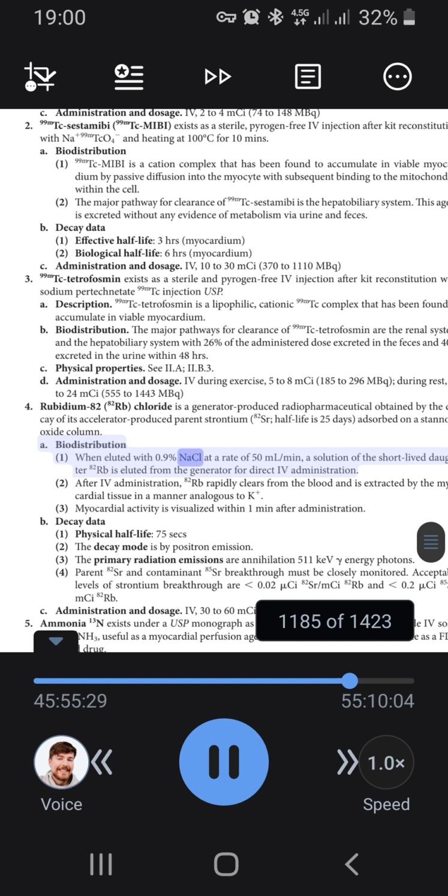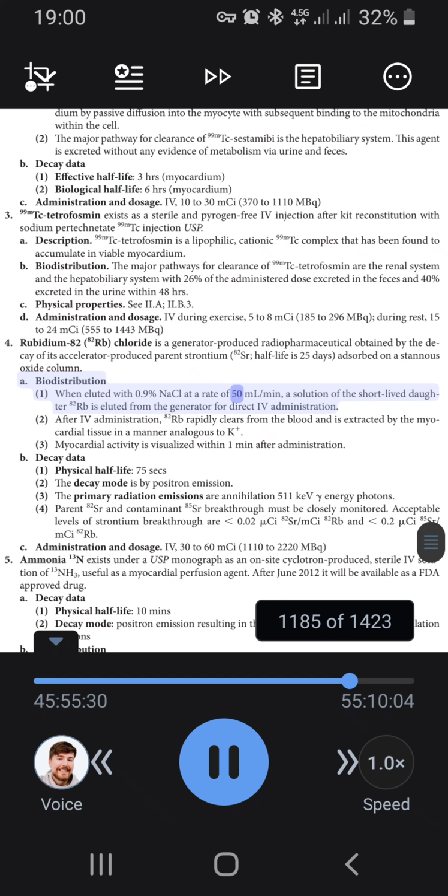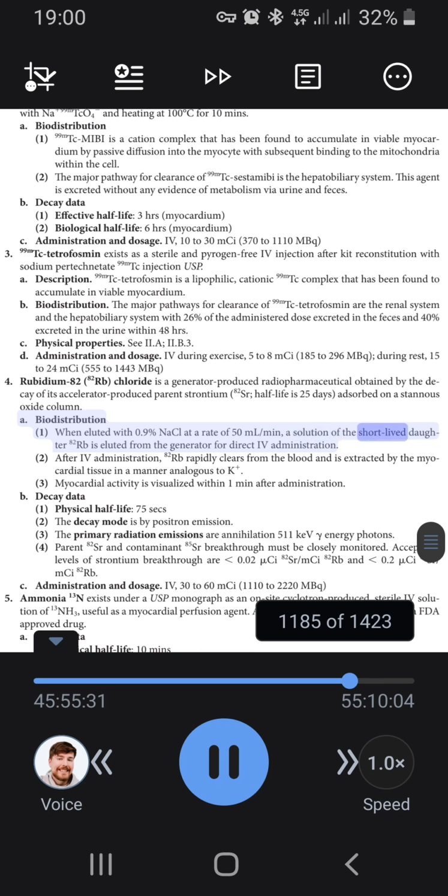When eluted with 0.9% NaCl at a rate of 50 mL/min, a solution of the short-lived daughter rubidium-82 is eluted from the generator for direct IV administration. 2. After IV administration, rubidium-82 rapidly clears from the blood and is extracted by the myocardial tissue in a manner analogous to potassium. 3. Myocardial activity is visualized within 1 minute after administration.